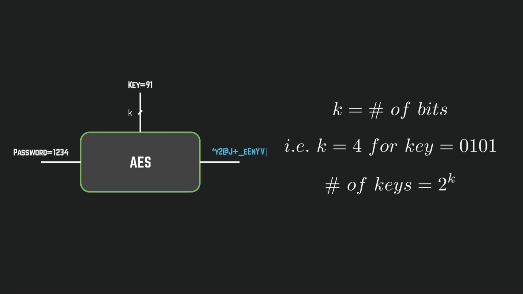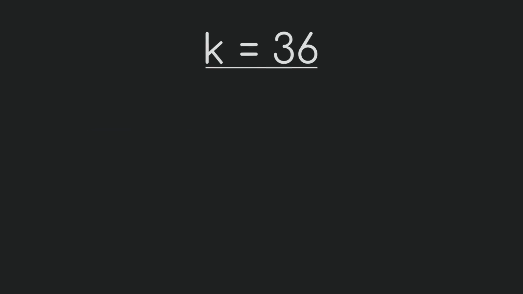For example, let's assume we have a computer that could try 1e9 keys every second. If we have a k value of 36, those 2 to the 36 possible key values could be iterated on in a little over a minute.